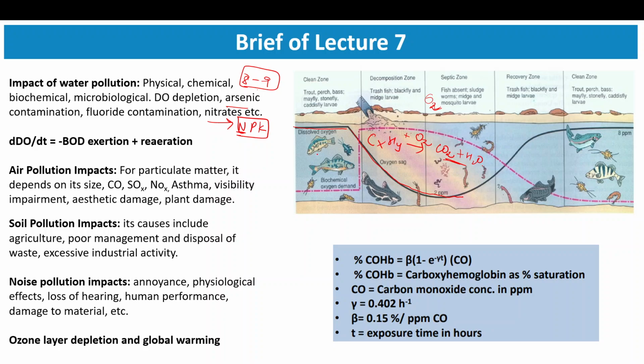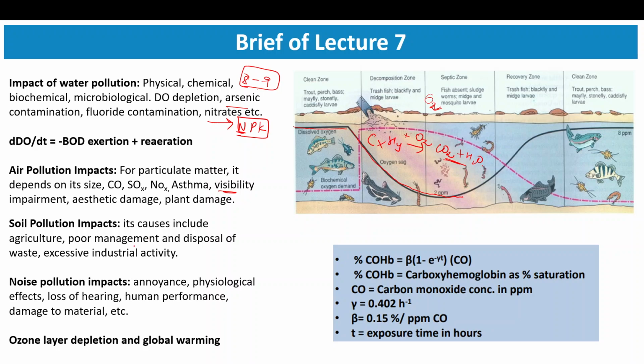So there could be some fog formation which can cause visual impairment, so you will not be able to see far distances. Then aesthetic damage, which I talked about, the deposition on the marble of Taj Mahal. There could be some plant damage as well. Such impacts due to air pollution can be easily observed.